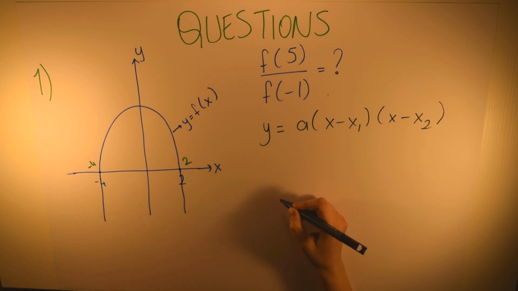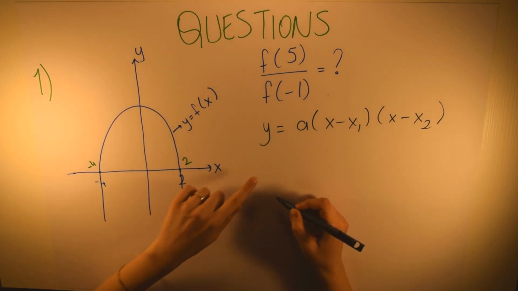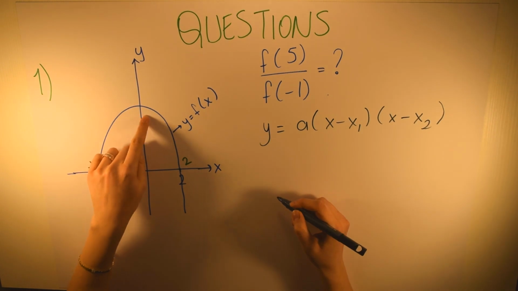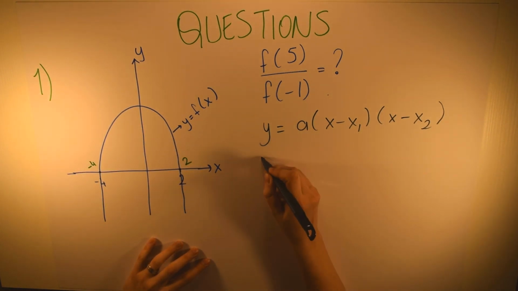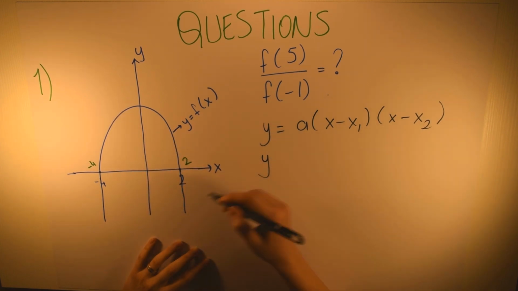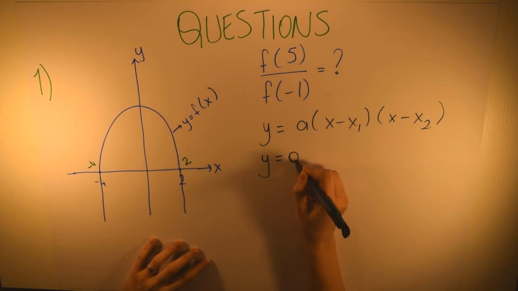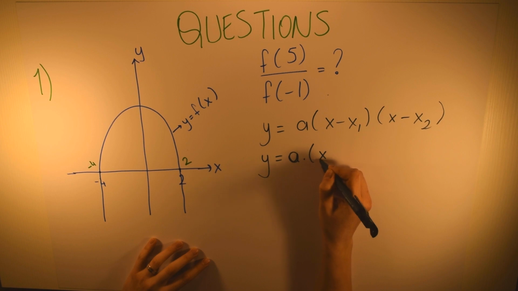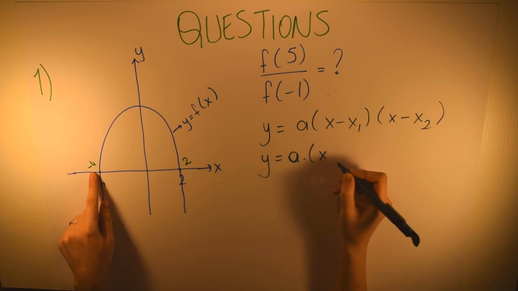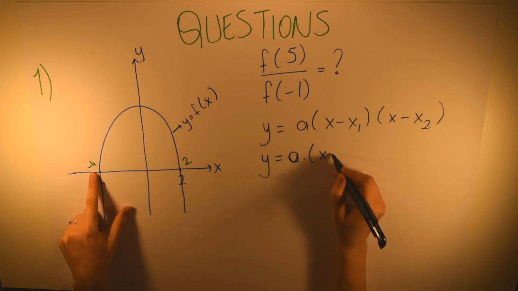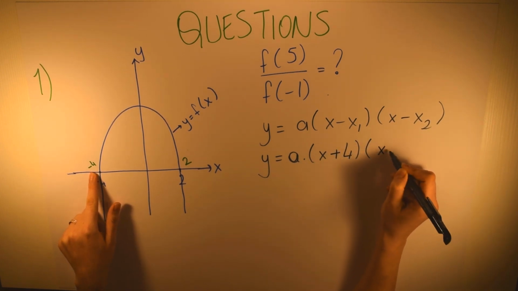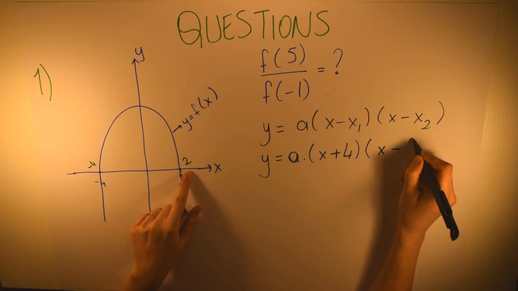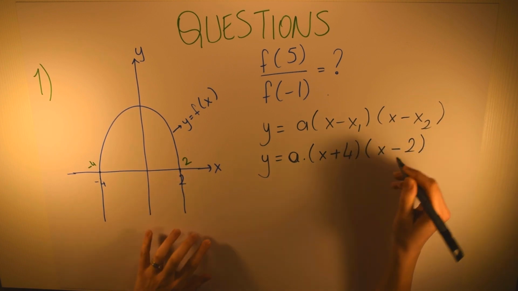First we look at whether we know the value of y. No, it's not given, but it's not a problem. Here we will write whatever we have. So y = a(x - x1)..., here x1 is -4, so minus times minus becomes plus 4, times (x - 2), x2 is 2.